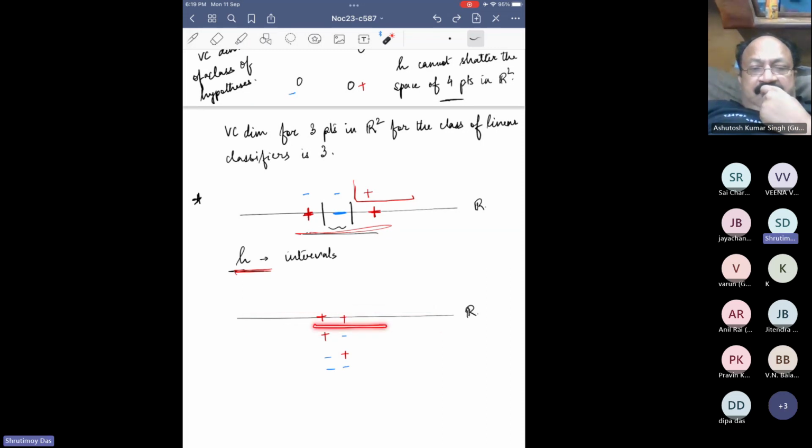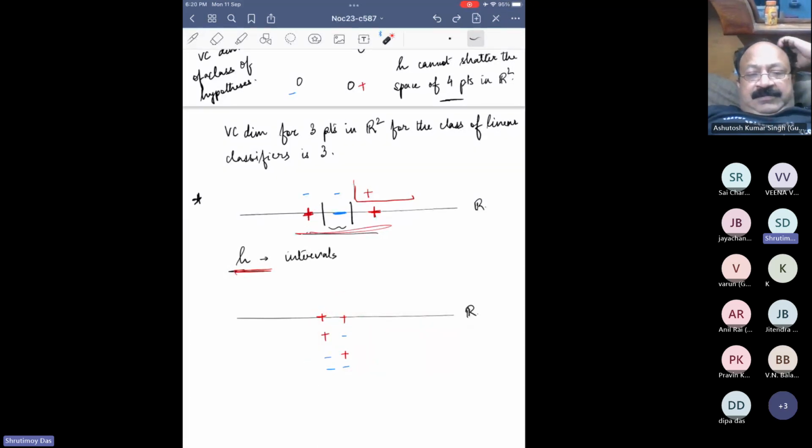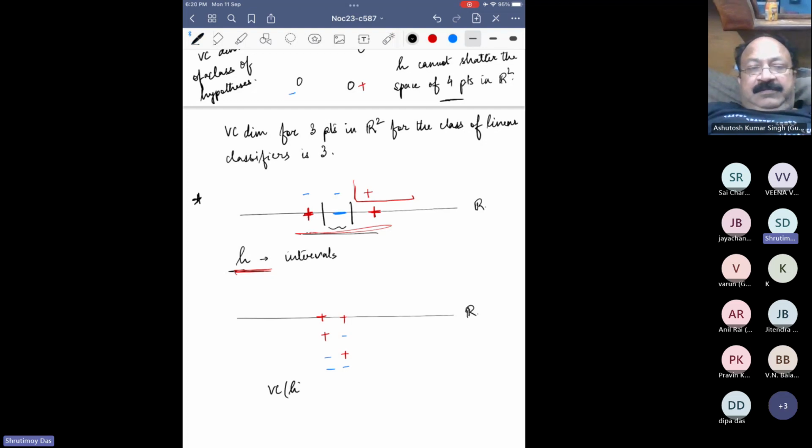You can correctly classify this using this type of hypothesis. Similarly, you can use these types of hypotheses to classify the other points. That means this class of hypotheses can shatter 2 points which lie on the real line. So the VC dimension of H in this case is 2.